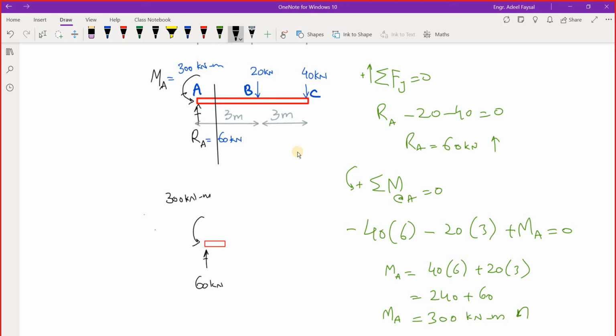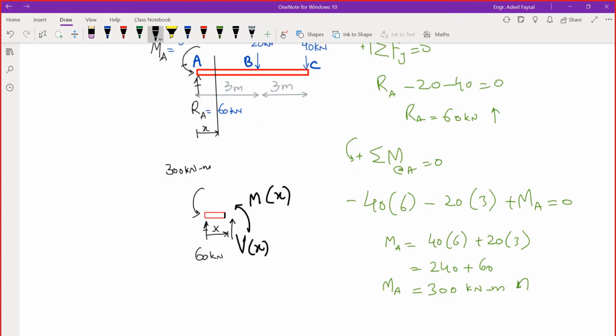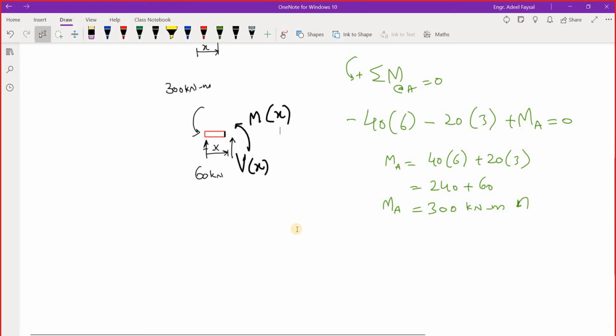Let's say the cutting plane was considered at distance x from end A. Now we need to show a shear force and a bending moment over here. Since there is no horizontal loading in this case, there is no axial force, but we have to show shear and bending moment on this section. So we have Vx and Mx.